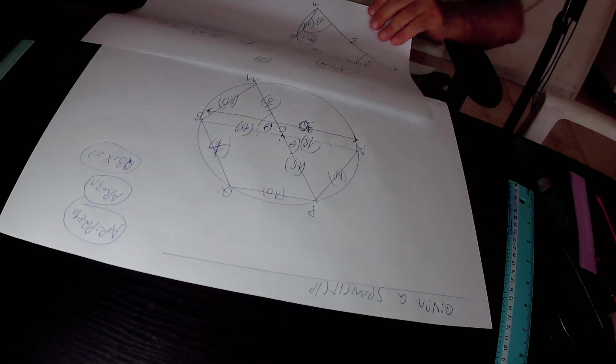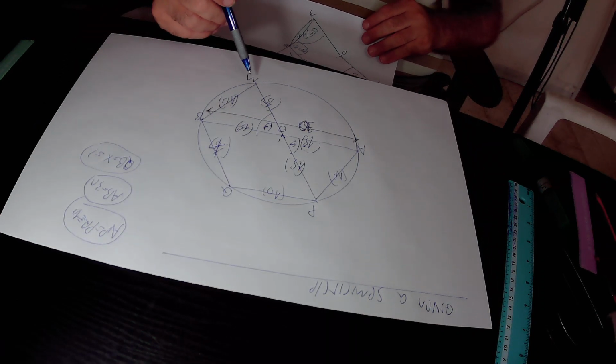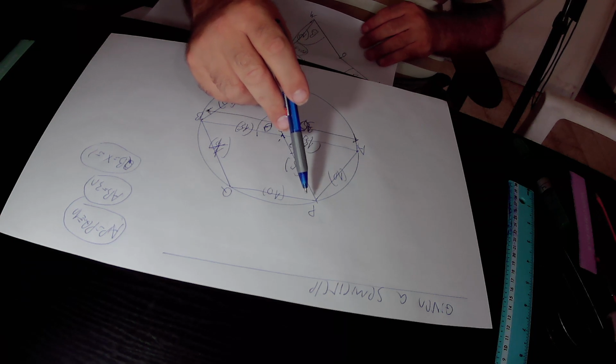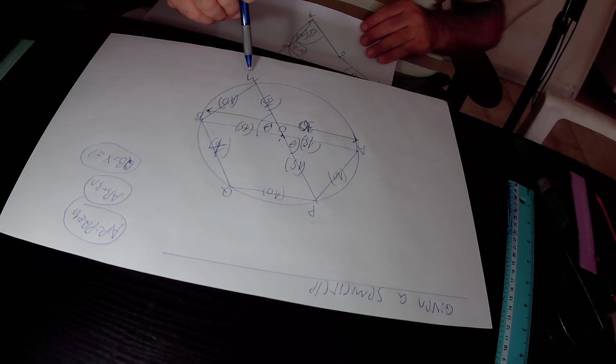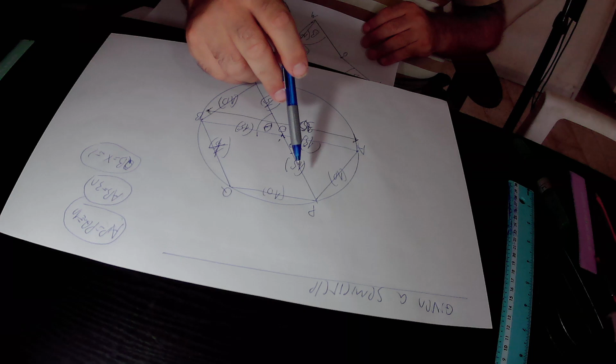In the next step, I'll copy again this semicircle with diameter PM and we continue to analyze this semicircle.